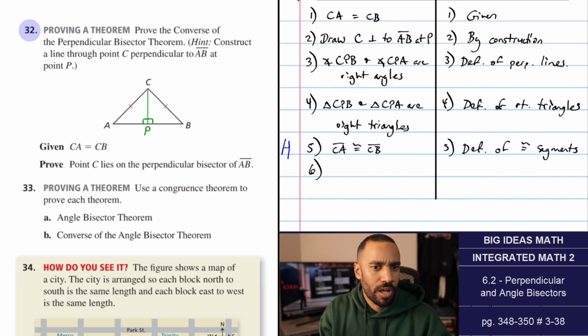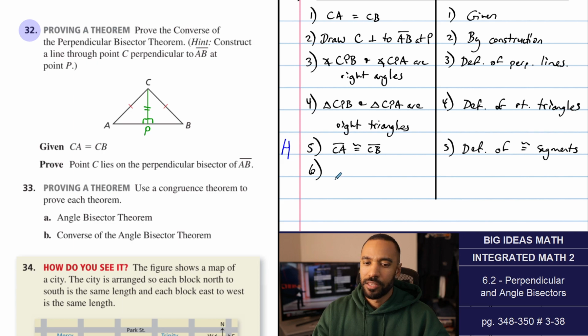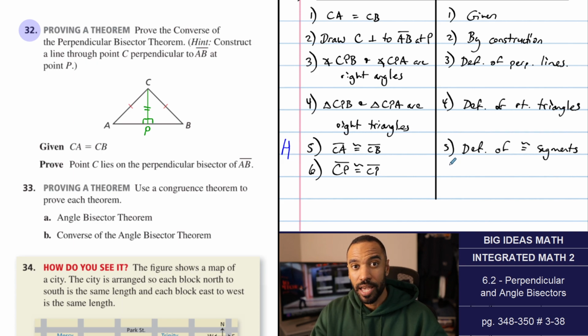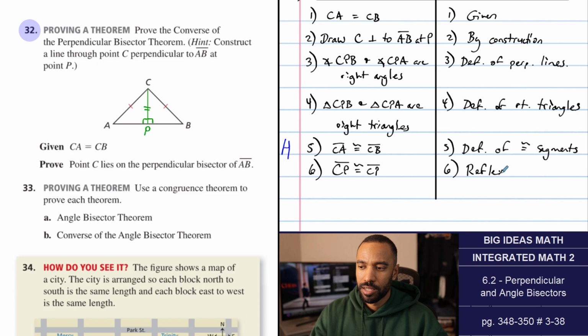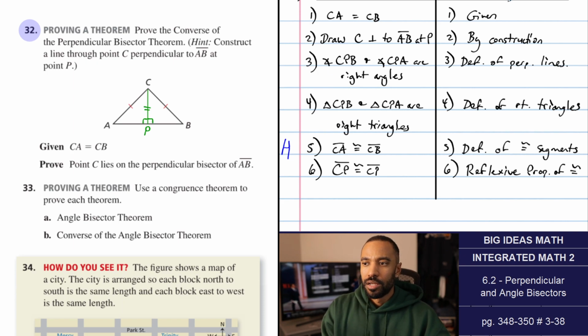Statement 6 will be my HL statement. Segment CP is congruent to itself. That is by the reflexive property of congruence. It's a shared side in both triangles. That is the L. That is one of the legs that are congruent.